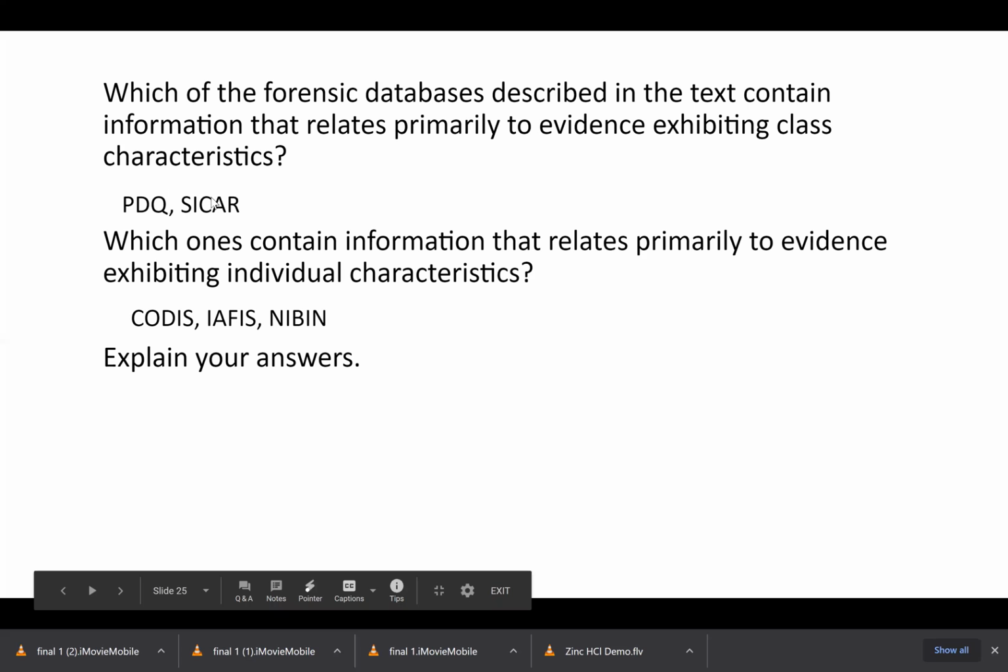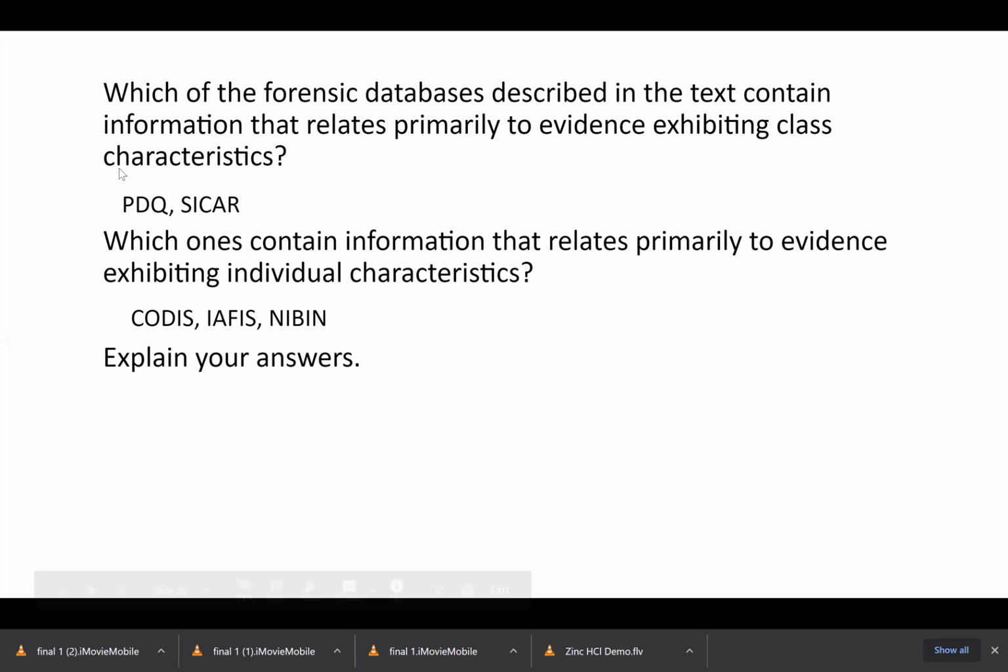So the PDQ and the SICAR have a lot of paint samples from the manufacturer and tread and shoe imprints from the manufacturers, right? So these would be class. Whereas CODIS is DNA, AFIS is fingerprints, NIBIN is bullets.